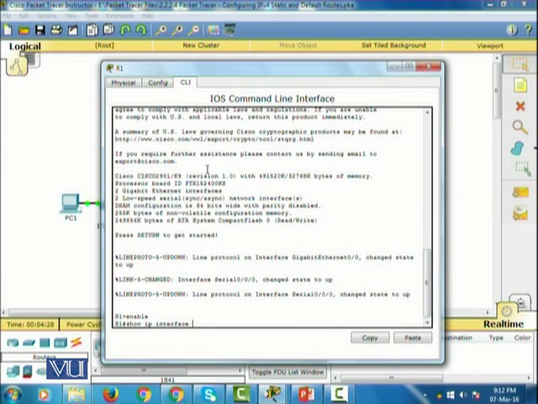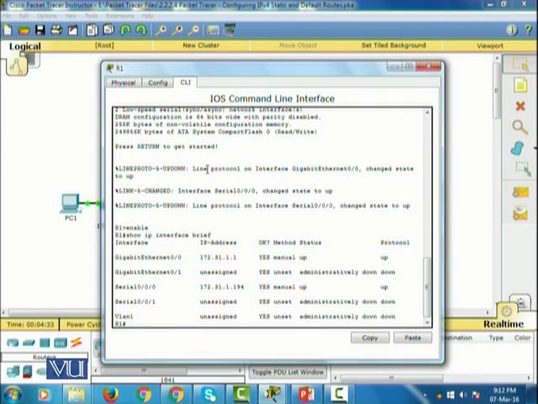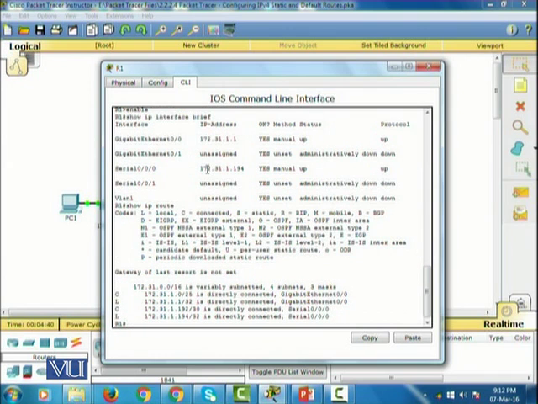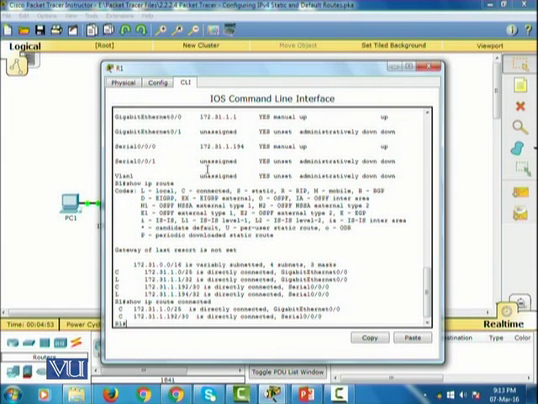Show IP interface brief. Some of the interfaces are configured, and let's look into the routing table of this router. Show IP route. In the routing table, there are 2 directly connected networks. If I filter this information by connected, there are 2 directly connected routes in the routing table.